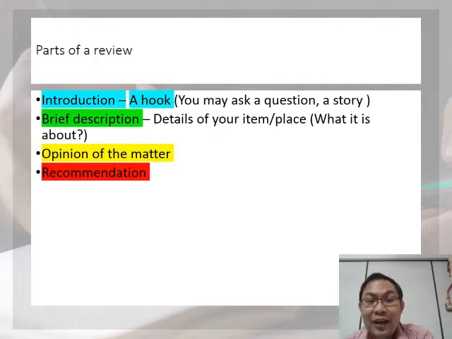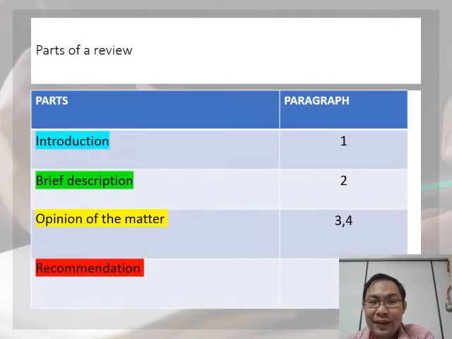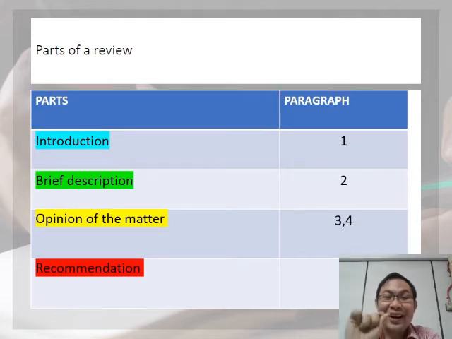Okay, finished. So a normal review will look like this. From paragraph 1, you will have the introduction. Then we will look at what is a hook. Next one, paragraph 2, we will have a brief description. Introduction is pengenalan.